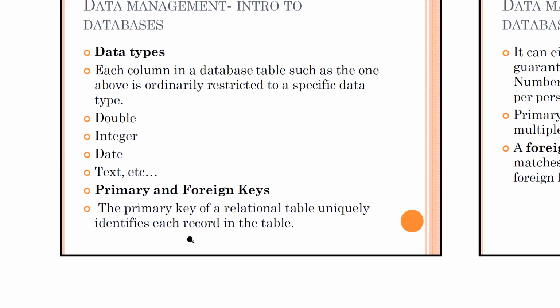But the thing about primary and foreign key is that when we have 2 tables, which is what we do in relational databases, we split the table into 2 and then we join it. We go through a process called normalization and then we split the tables. The bigger table is split into 2 or more.